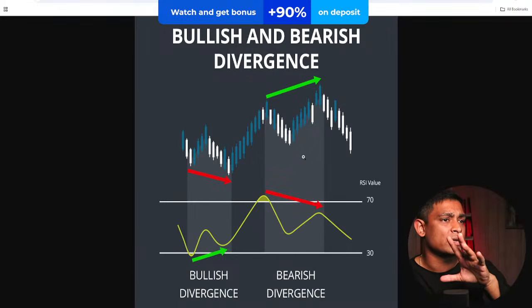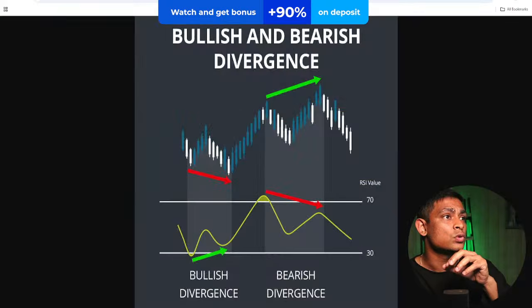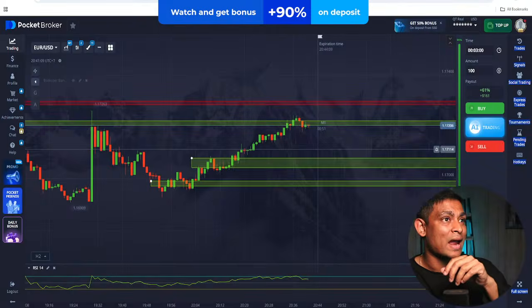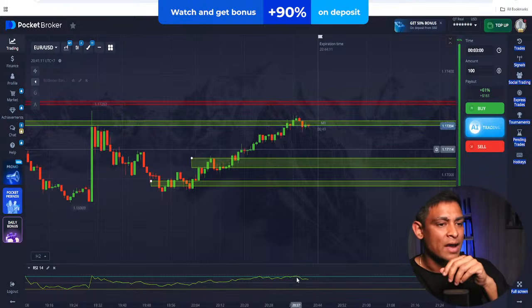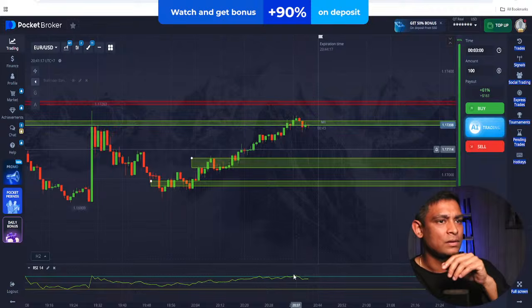Always keep something like this in front of you while you are trying to figure out divergences. This will help you a great deal so that you don't get confused. You understand that this is what the diagram wants to say and this is what you are looking for in the charts. That's how you should be prepared. So we have a downhill, right, folks?